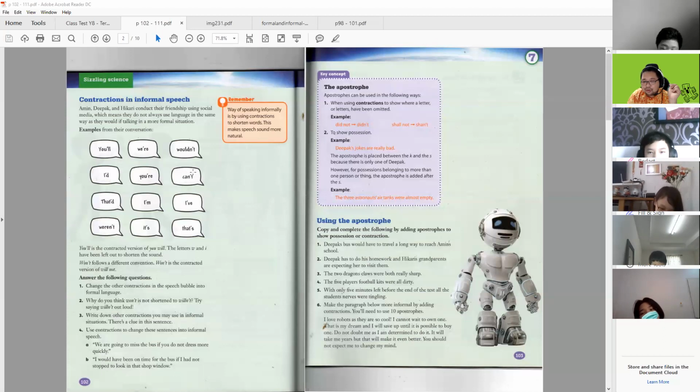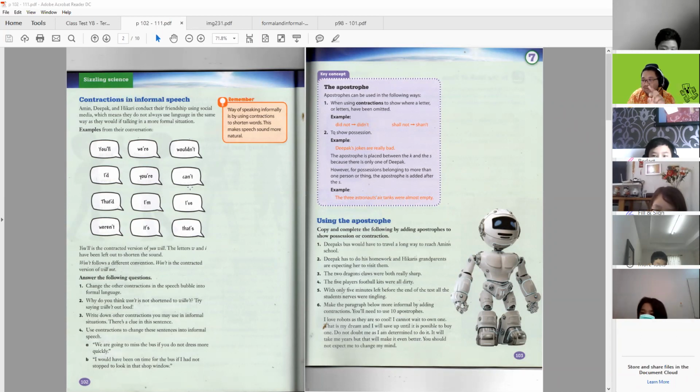Luigi, how do you pronounce this one? Can't. You need to say it "can't," not "cahn't." Can't. Okay.